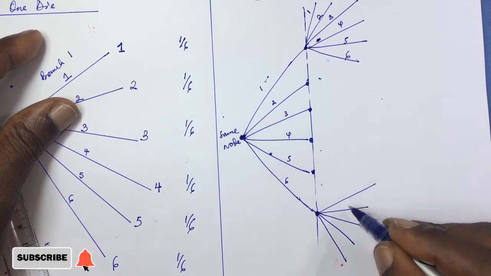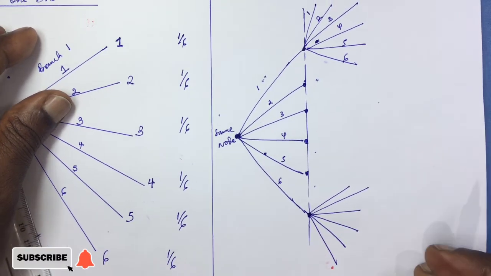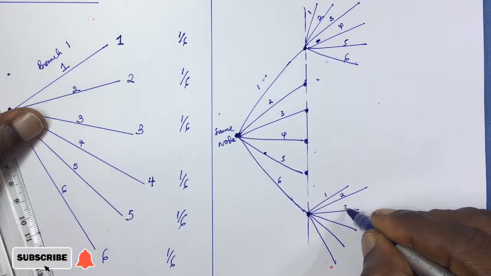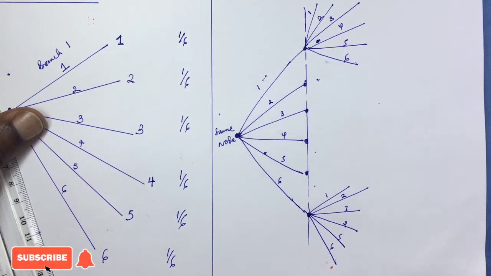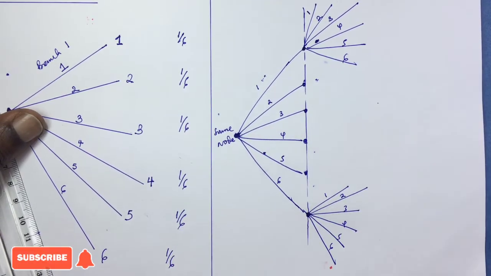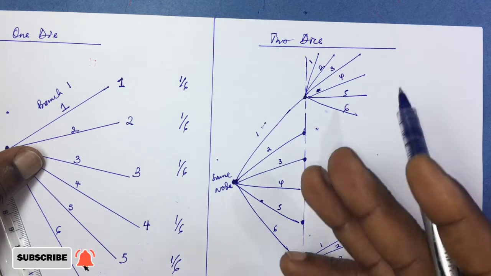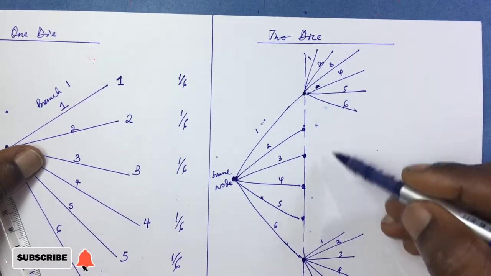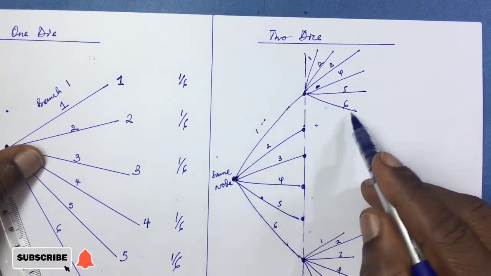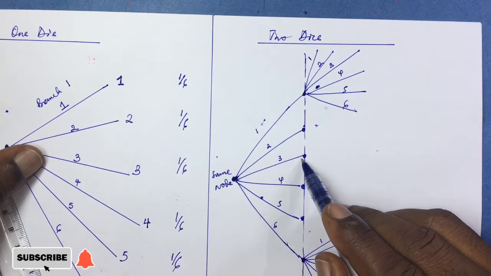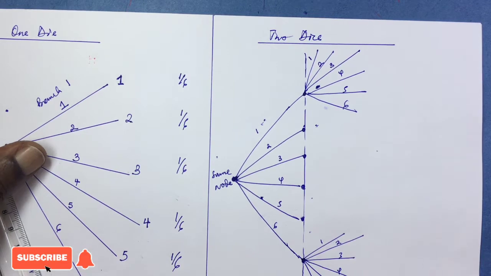You can see how complex it becomes using the probability tree for experiments like this. This will be 1, 2, 3, 4, 5, and 6 for this outcome 6 in the second stage. Now, I'm not going to do this because clearly you can see that the spaces available will not be enough to bring out 6 branches from each of these nodes.